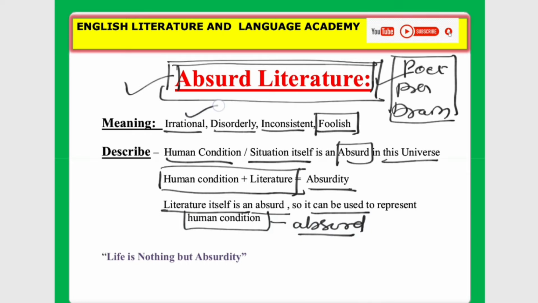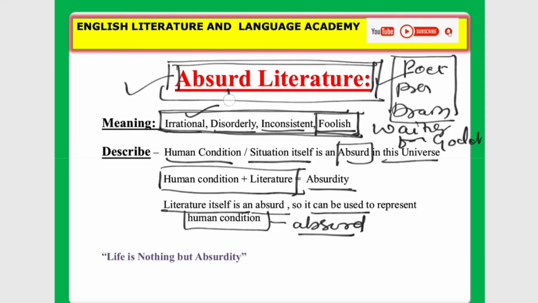It is irrational, in other words, nonsense. The best example for this is Samuel Beckett's Waiting for Godot, that exemplifies these features, I mean the absurdity of literature and the human condition.